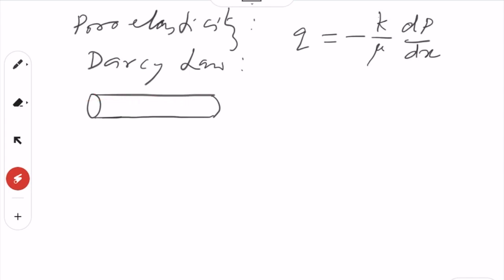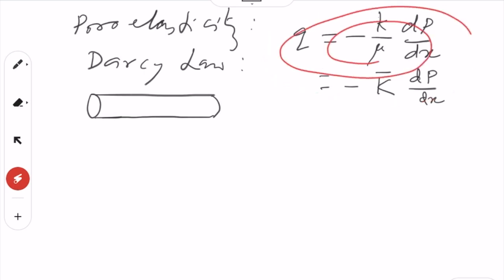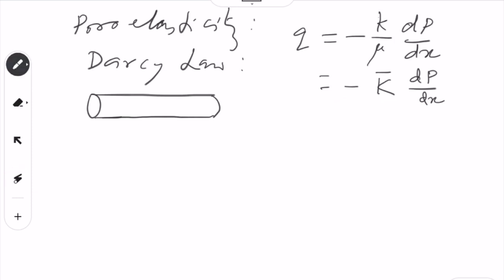So anyway, this you can also write as equal to minus another constant, I am writing it as k bar, and then you have dp over dx. Again, this is similar to the fluid flow problem, so you can organize this way.